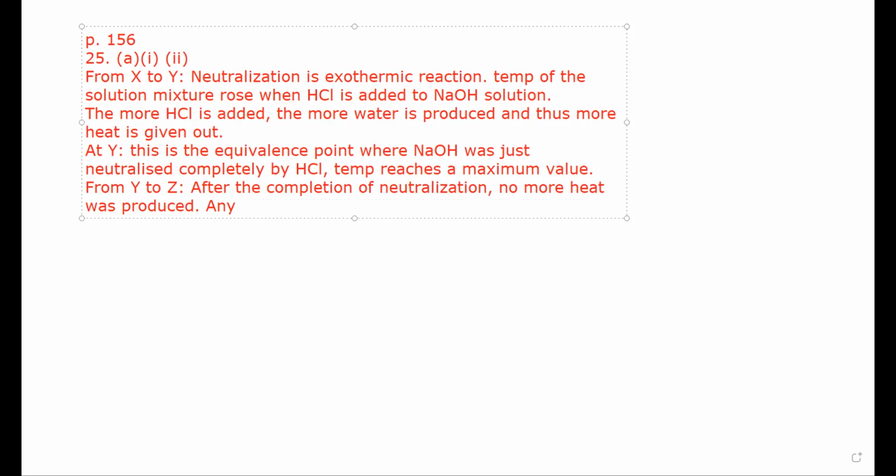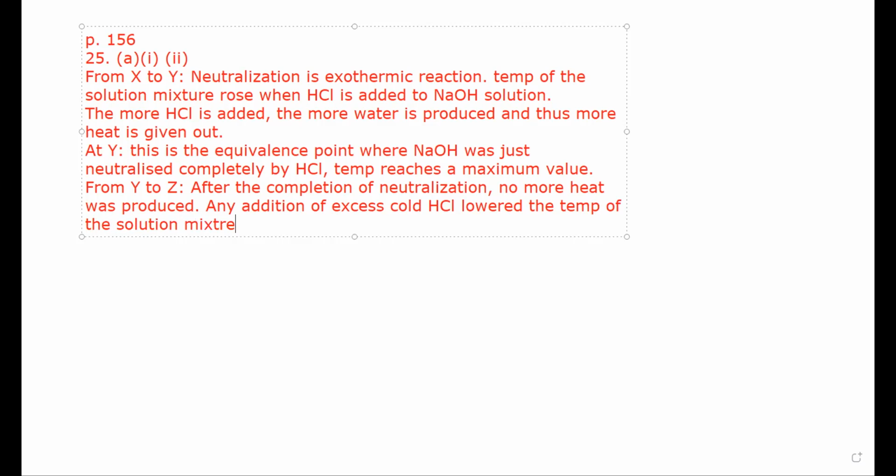Any addition of excess cold HCl would lower the temperature of the solution mixture. So that's why we would have such a curve, rises and then drops. We have got the maximum. So you may know that Y is the equivalence point.